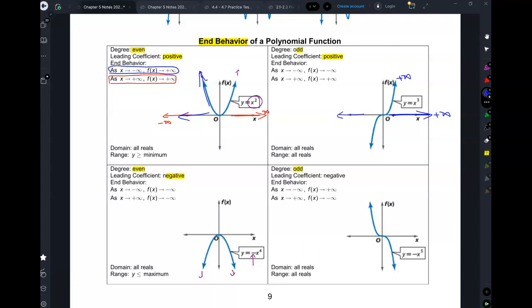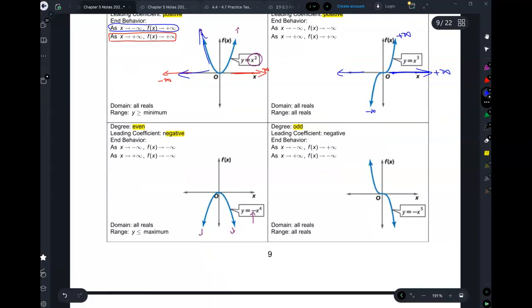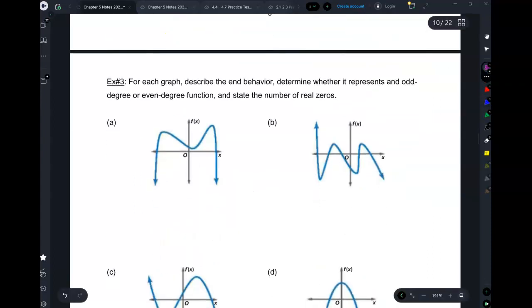And if you go to negative infinity, it goes down to negative infinity. All right? Here, if it's a negative coefficient, it's opposite. Okay? So if you go to the positives, it goes down. If you go to the negatives, it goes up. Okay, why don't we do some examples here?